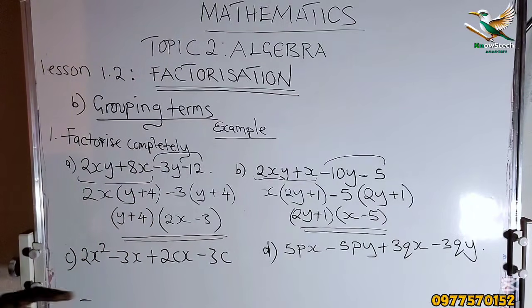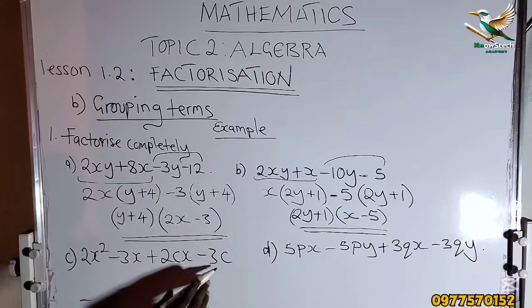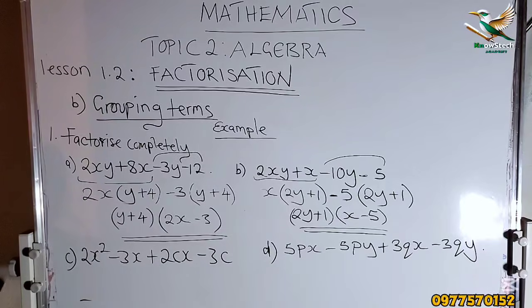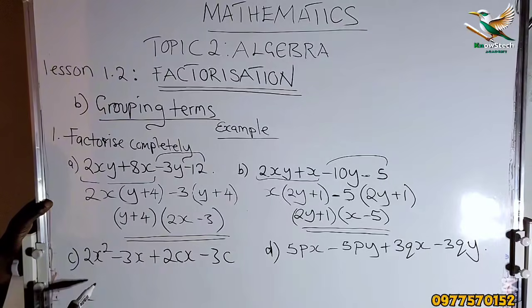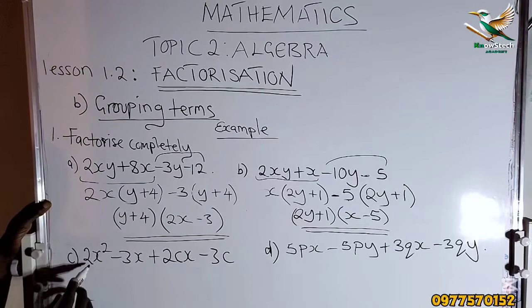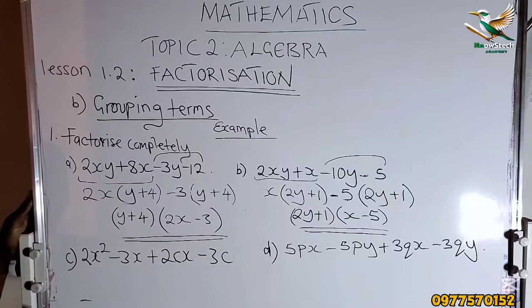All right, let's look at this. Now, this one, the first 2, there is x, there is x squared, okay. This is also okay. So what is common here is x. 2 can go into 2, but it can't go into 3. So we're going to leave these the way they are. Are we together?